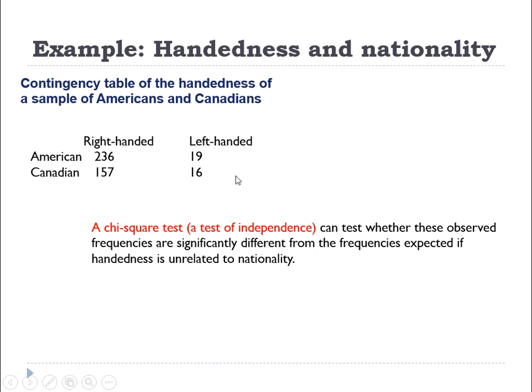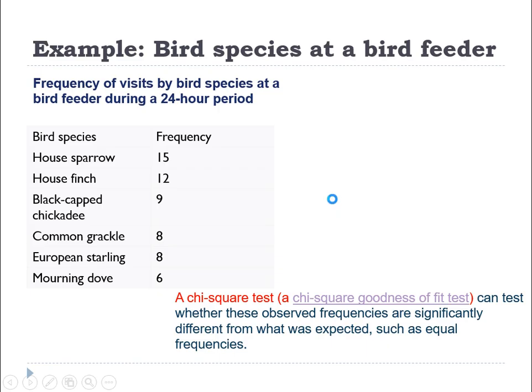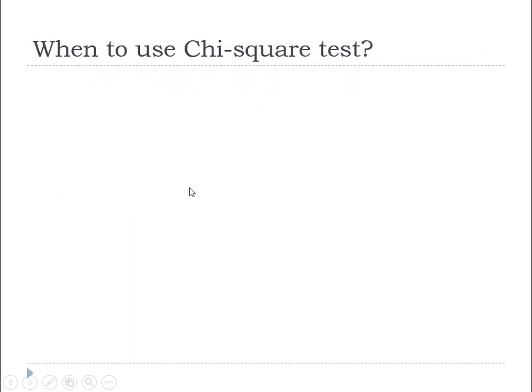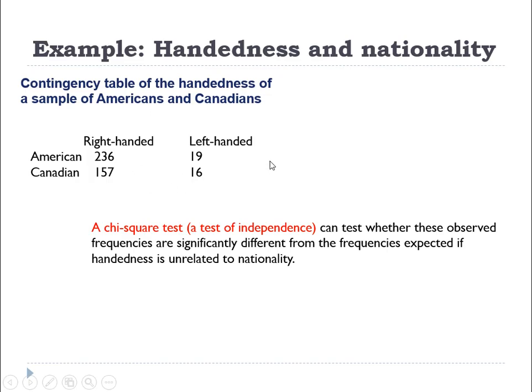So as you can easily see here, you have more than one variable, right? You have two measurement variables in this case, right-handed and left-handed, and hence type 2 is more suitable. Using type 2 you can test whether these observed frequencies are significantly different from the frequencies which are expected.